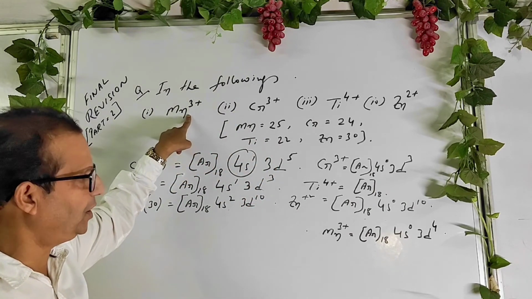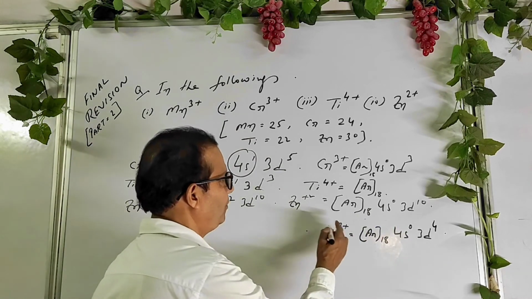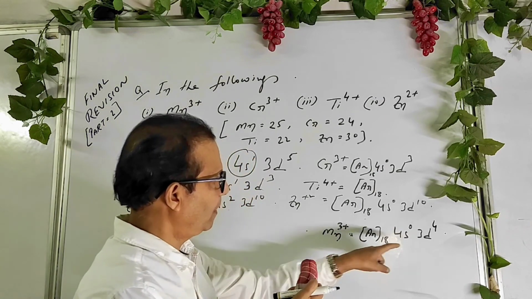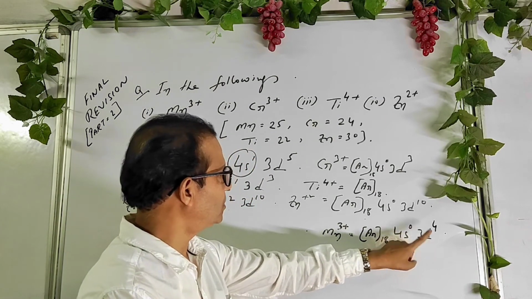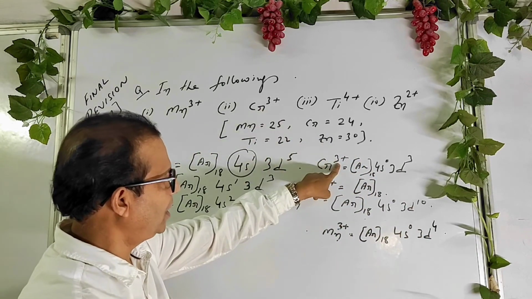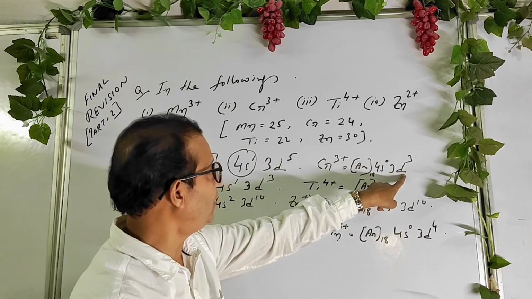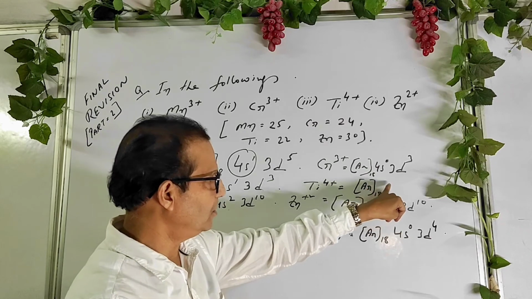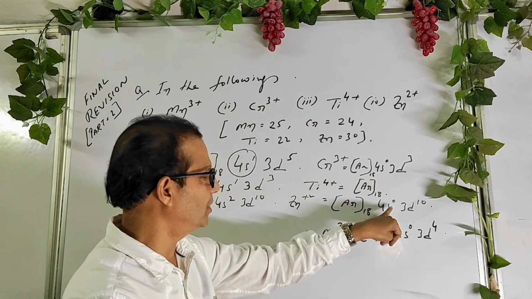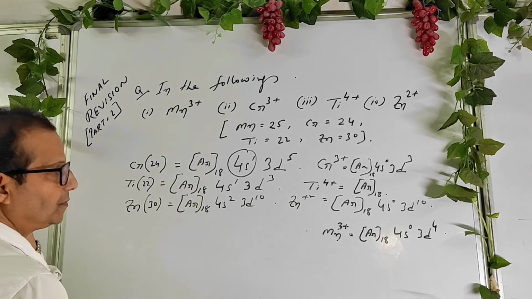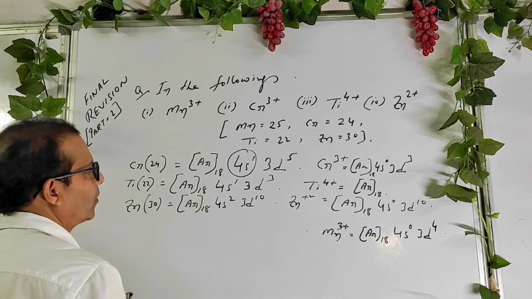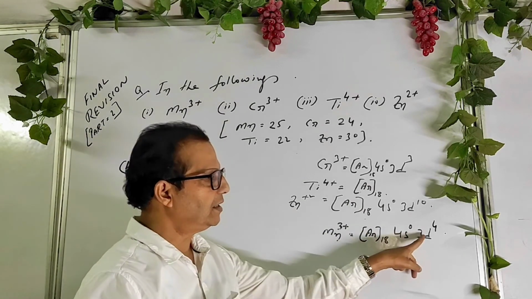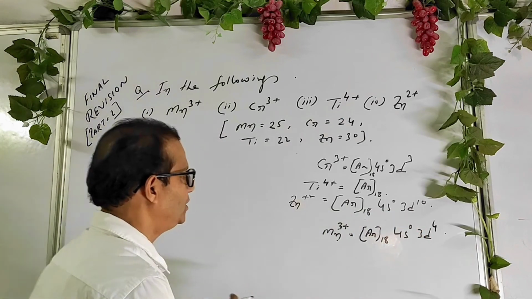Now listen, manganese tripositive has this electronic configuration. D orbital has 4 electrons. Chromium tripositive, D orbital 3. Titanium 4 positive, D orbital there is no electron, only argon is there. Now the second question: you know that the greater the number of electrons, the more paramagnetic the nature.